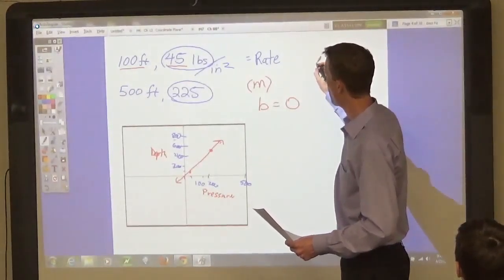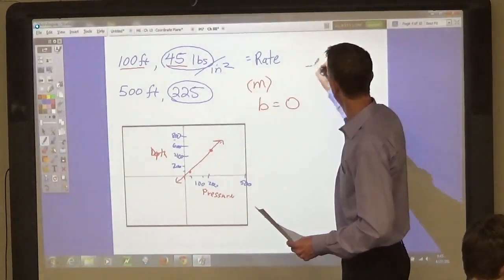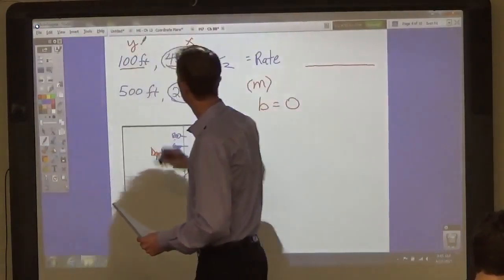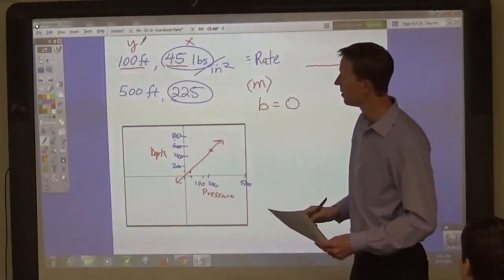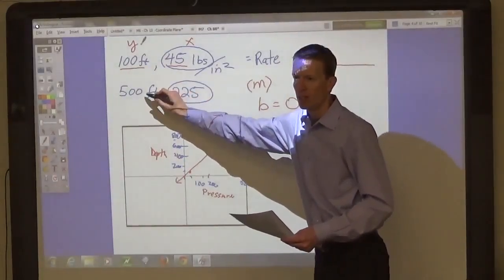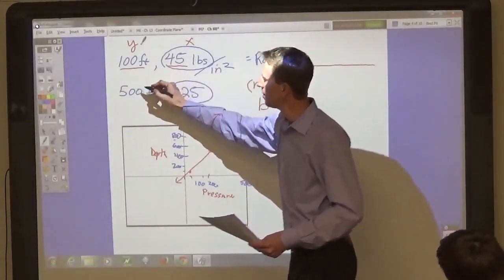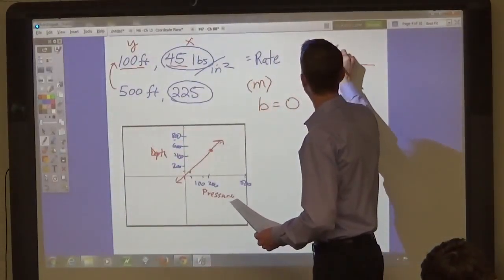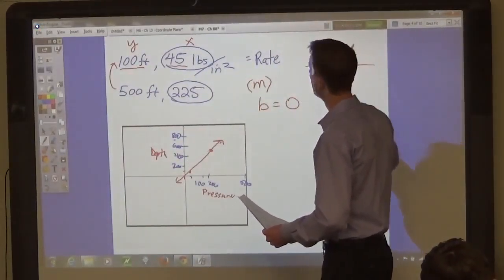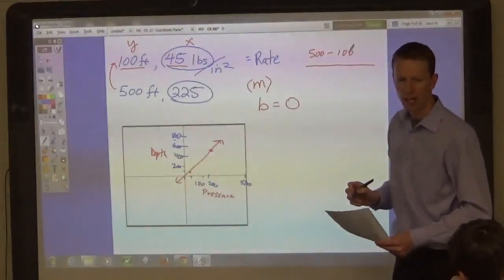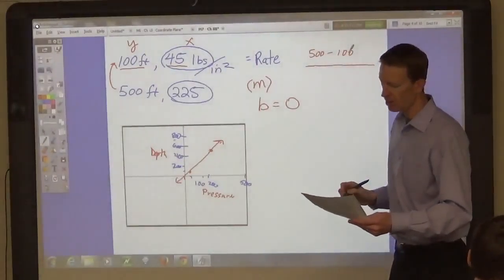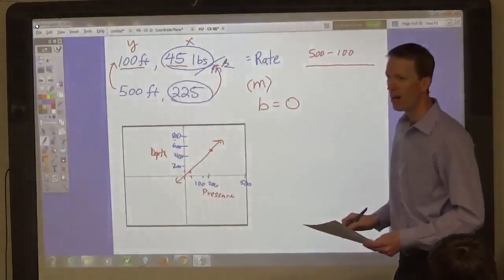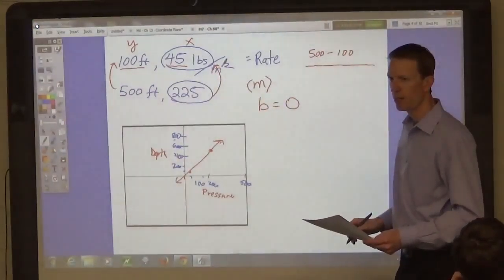So those are going to go on the bottom. These are the x points, and these are the y points. And so we should subtract the y's: 500 minus 100. Then subtract the x points: 225 minus 45, right?